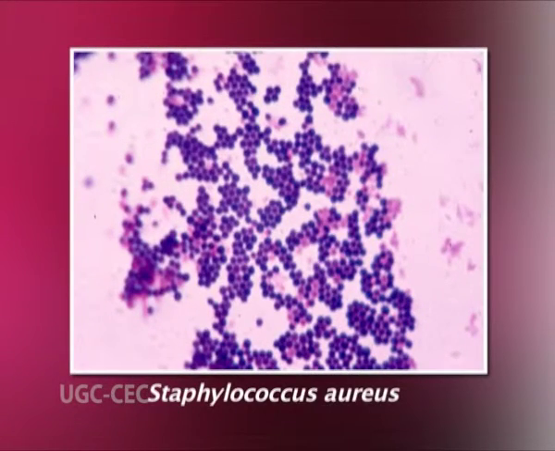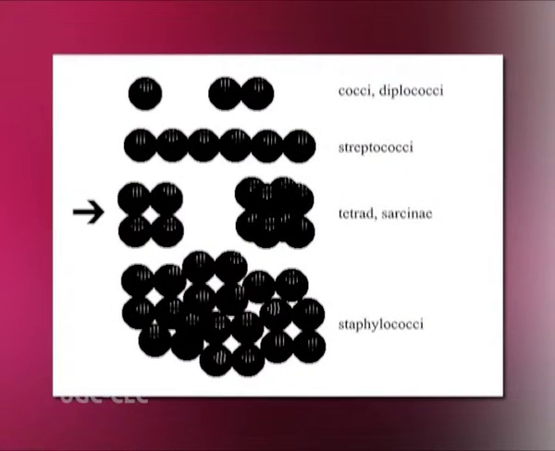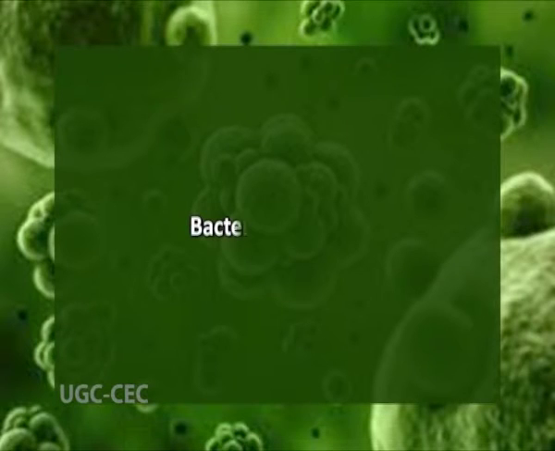If a coccus divides along multiple planes and arranges as grape-like clusters, it is called Staphylococcus, like Staphylococcus aureus. Tetrad is a group of 4 cells formed from a coccus which divides along perpendicular planes and arranges like a square.